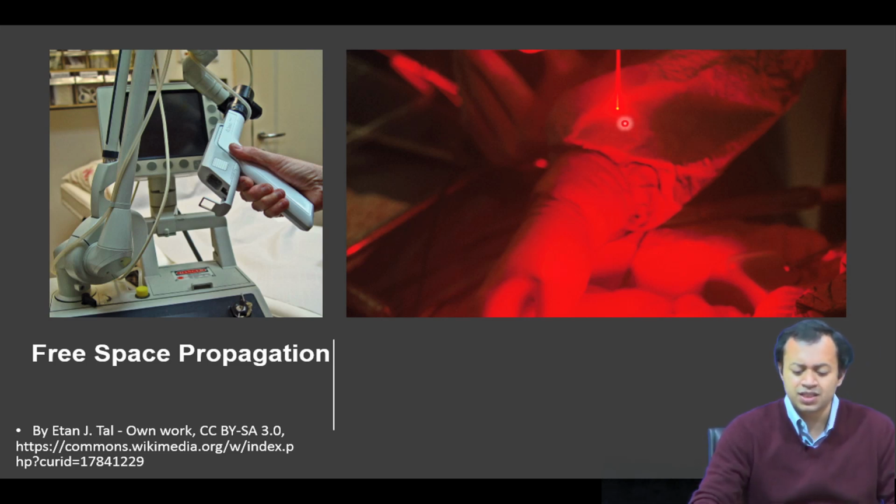But a substantial amount of usage of free space propagation of laser light is for dermatological applications, to treat different ailments of the skin, acne removal, laser hair removal, spot removal, tattoo removal, these kinds of things.